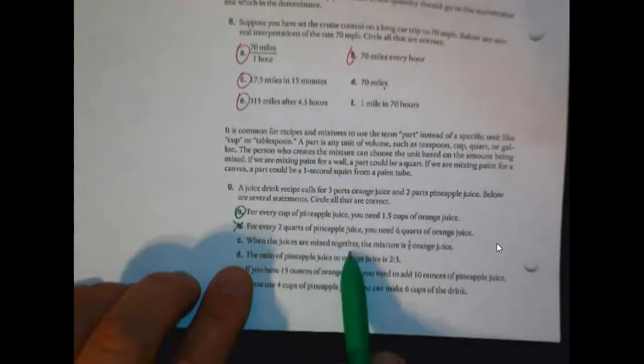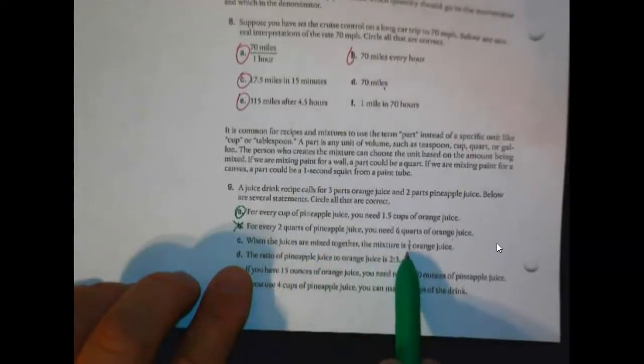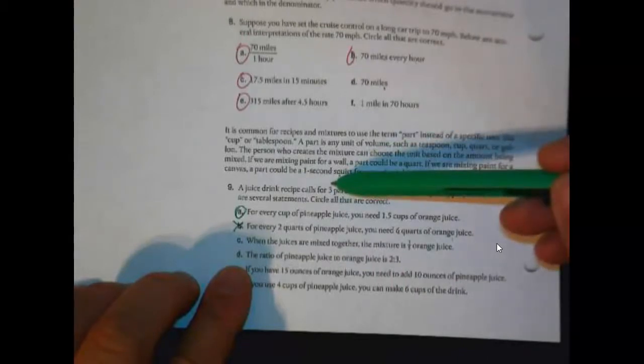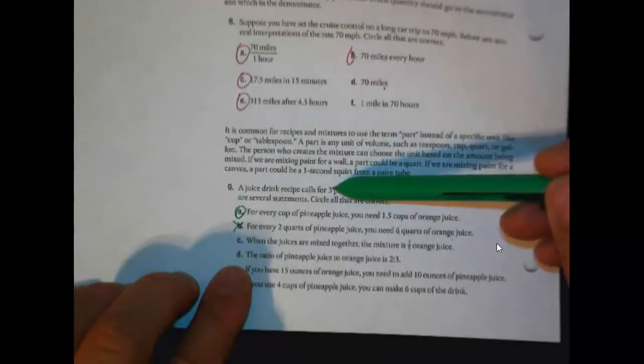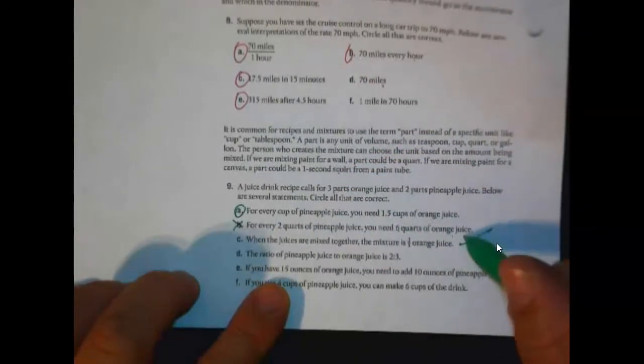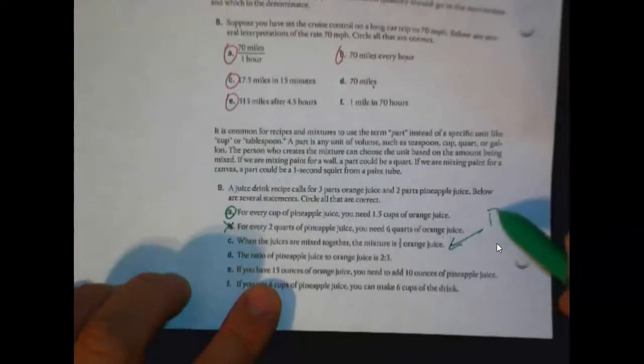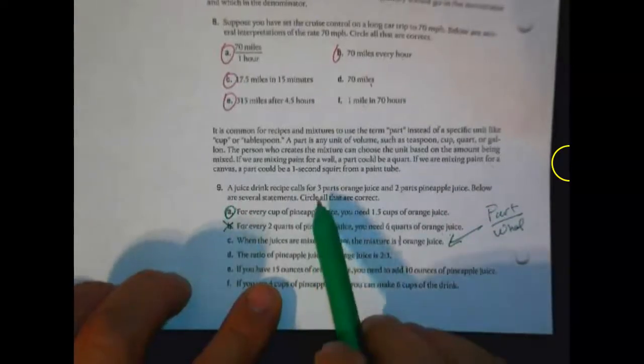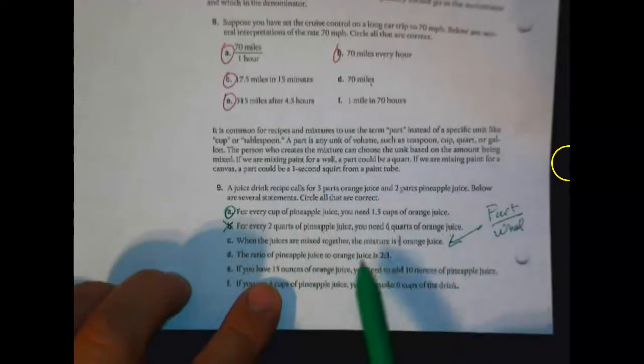When the juices are mixed together, the mixture is 3/5 orange juice. Remember, this is part to whole. Orange juice, I do in fact have 3 parts.